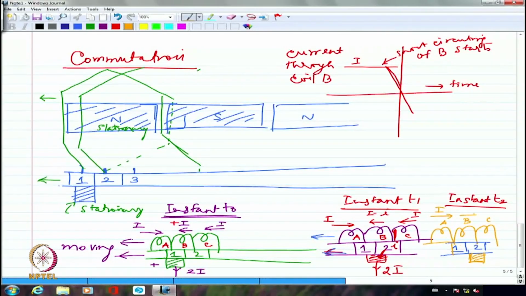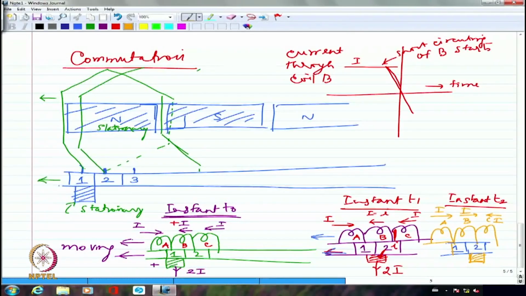So B should carry the current in this direction. Clearly. Right? Because these two are in series. There is no collection of current from 1. Because of which I am going to have essentially the current carried in this direction itself, whereas C would carry still the current in this direction.